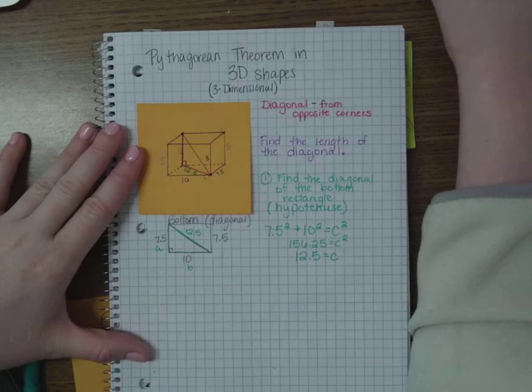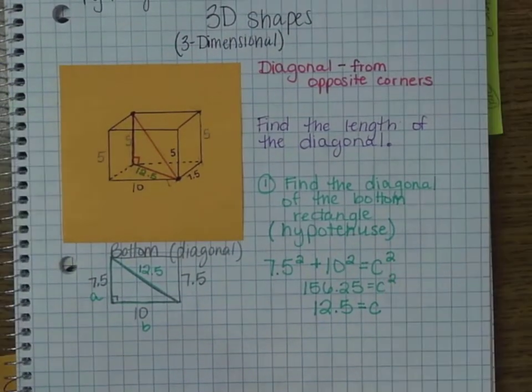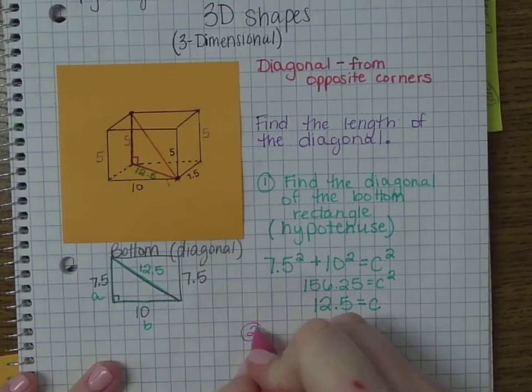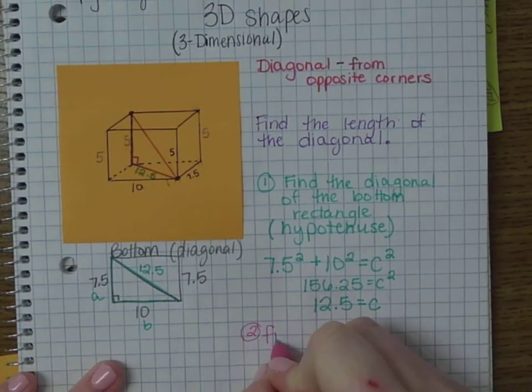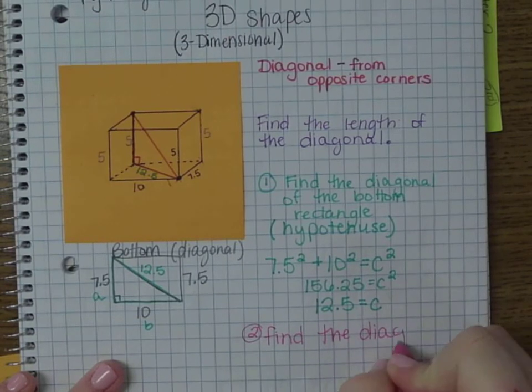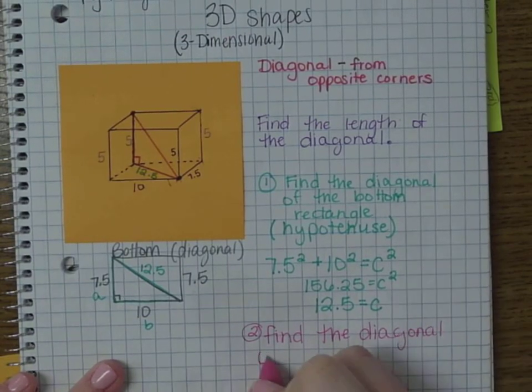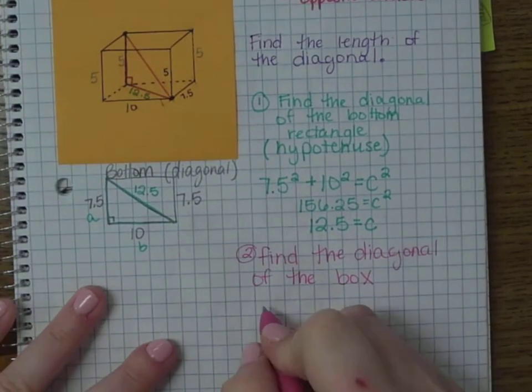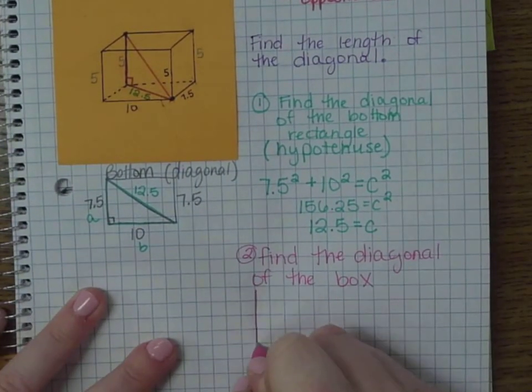Okay, so now once I've done that, now my next step, I'm going to use pink. So step 2 is find the diagonal of the box. So then I have this triangle.